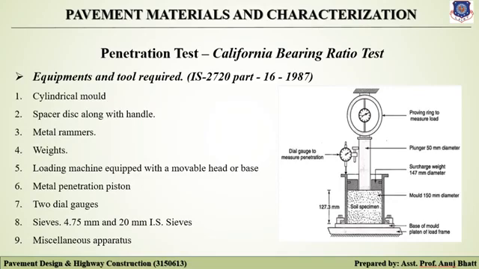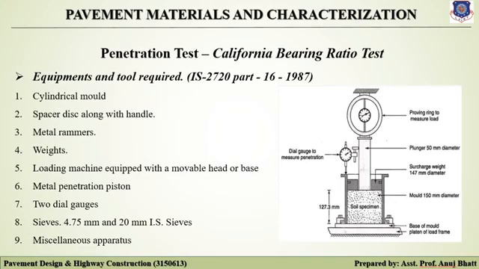A load indicating device is a must. Next, we need a metal penetration piston of 50 mm diameter and a minimum of 100 mm in length. Next, we need 2 dial gauges reading to at least 0.01 mm.